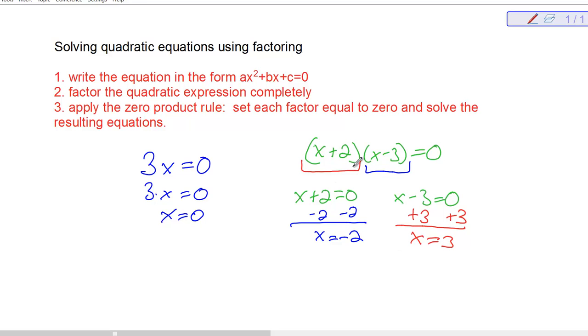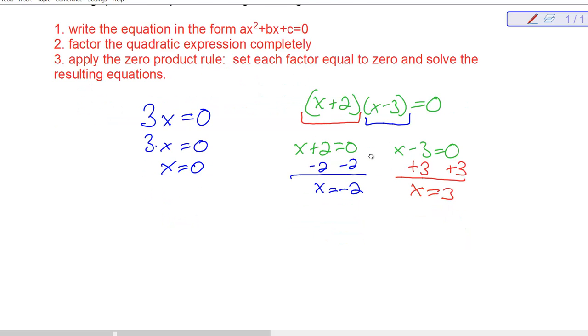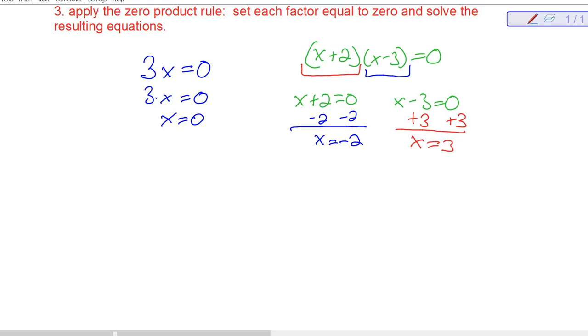Both of these, if I plug each one of them in individually to this equation, will make this equation true. Because look, if I say negative 2 plus 2 times negative 2 minus 3, does that equal 0?